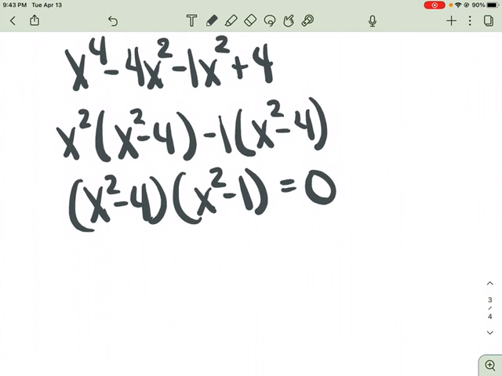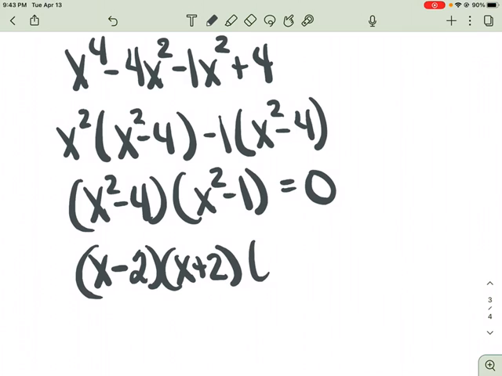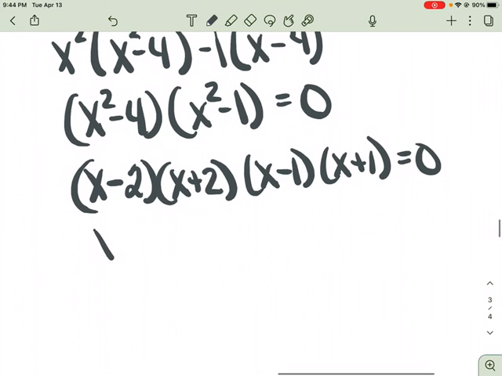Now you kind of have a choice because you can keep factoring, which might be a thing that you want to do. So you get x minus 2, x plus 2, x minus 1, x plus 1, and then you can set all 4 of these equal to 0.